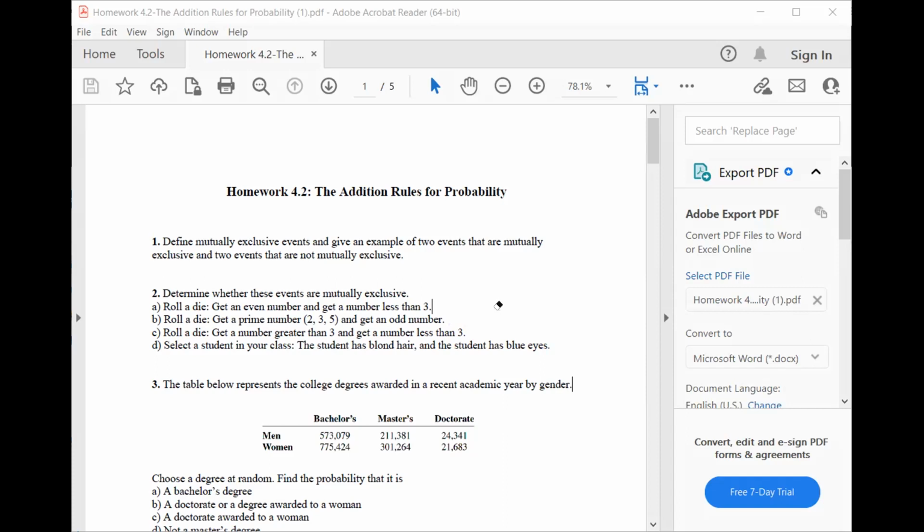So no. You've never seen somebody with blonde hair and blue eyes? Yes, I have. That is possible, right? So remember, because they can overlap, they're not mutually exclusive. Mutually exclusive means they don't occur at the same time. So you can have a person who's blonde haired and blue eyed. So the answer to D would be no, they're not mutually exclusive events.